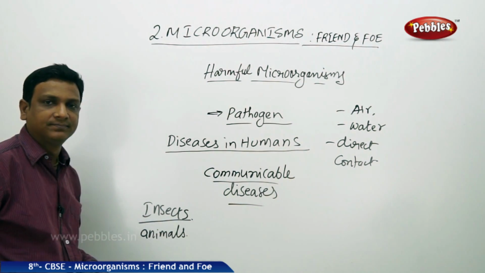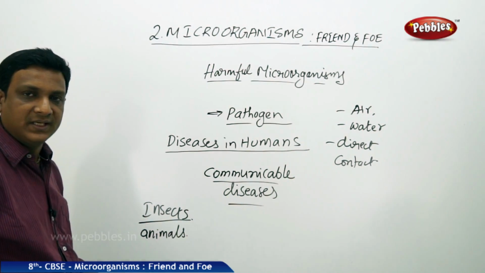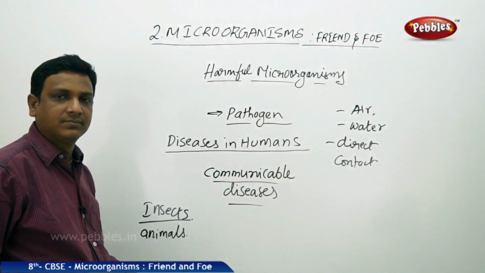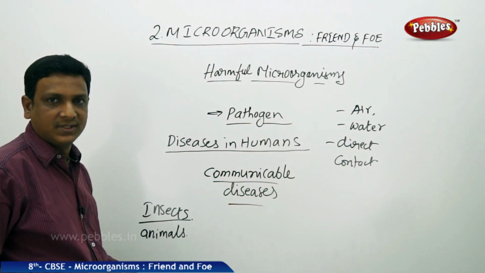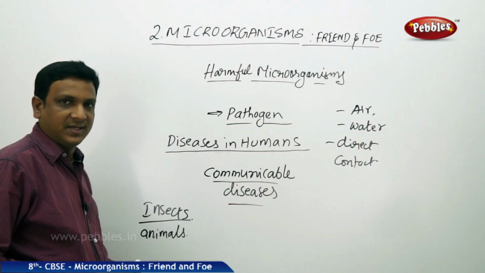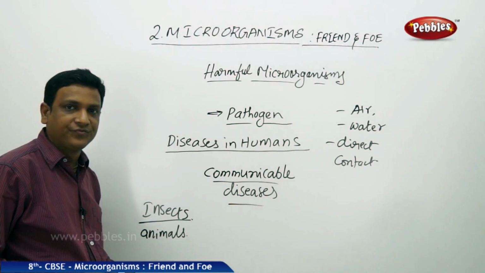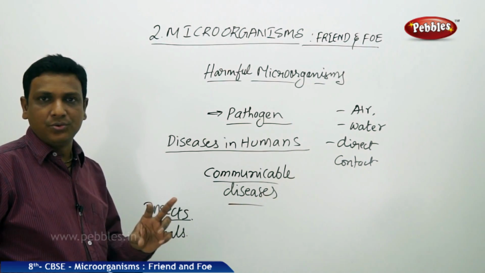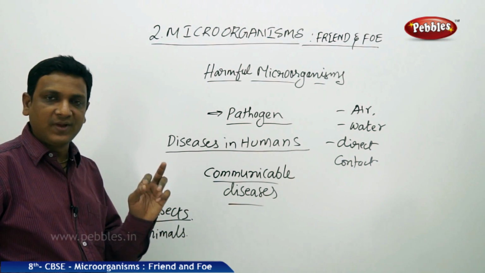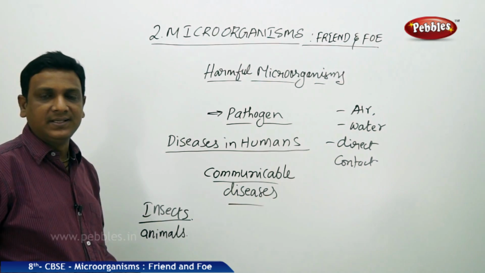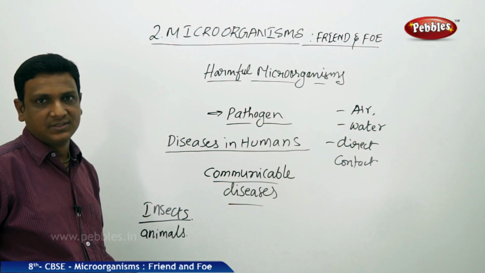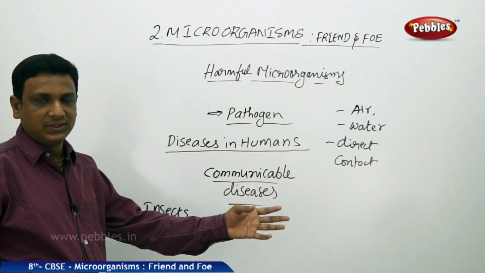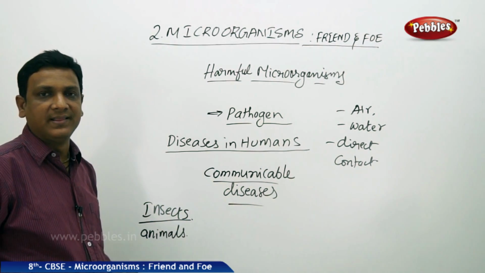Certain animals carry the disease causing organisms in their bodies to humans. Mostly insects like the housefly and mosquitoes. These two insects, housefly and mosquito, spread disease causing organisms from the source to the body of a healthy person.